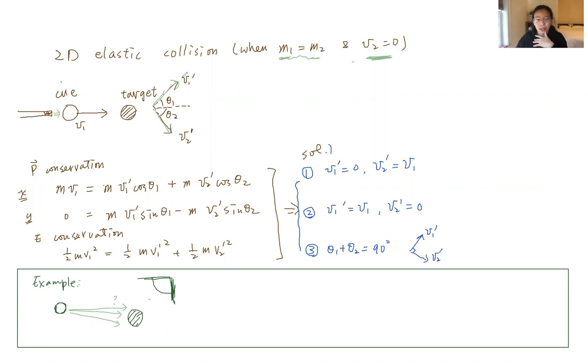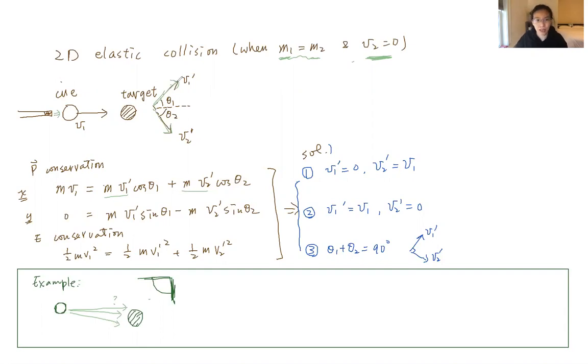However, after the collision, there is the momentum of the first ball and the momentum of the second ball, and they both have some x component. The first ball has the momentum m v1 prime, and the second ball has m v2 prime, but the x component is not all of it.